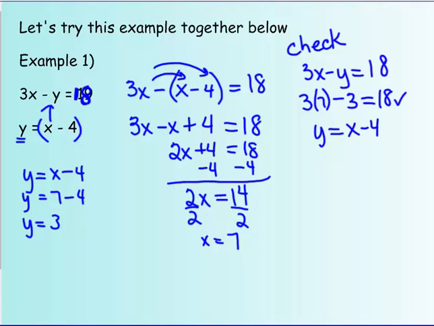So y is 3. 3 equals 7 minus 4, which is true. 3 equals 3, also true. So I checked it in both equations. And so the solution is x equals 7, y equals 3, or I could write it as the ordered pair (7, 3).